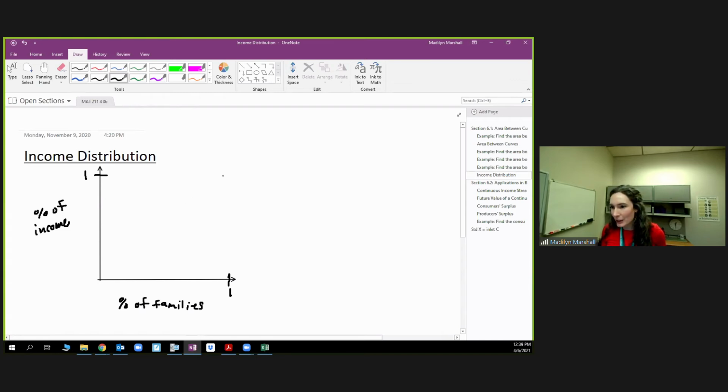So I am going to draw an exact diagonal line here that's supposed to be exactly diagonal.